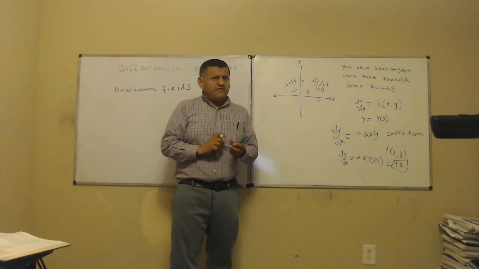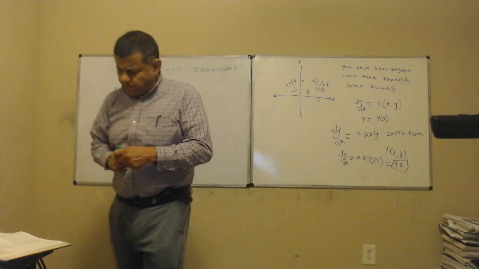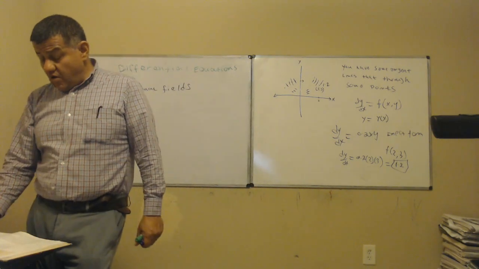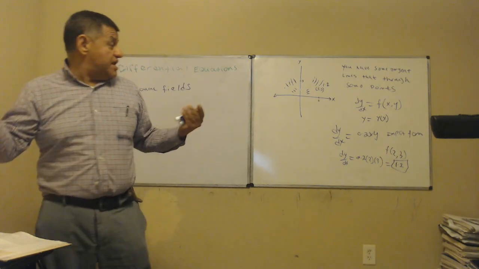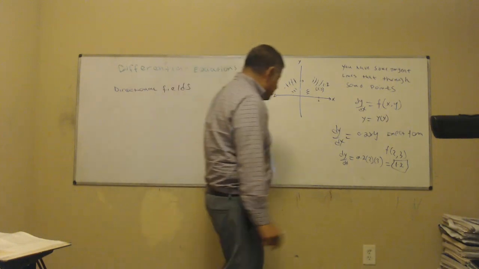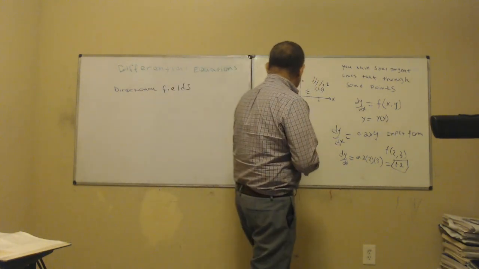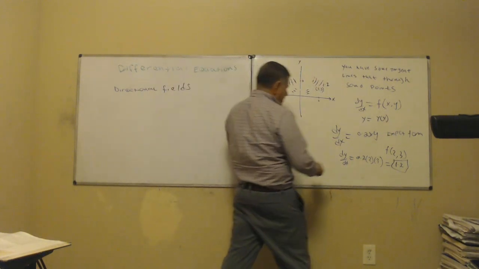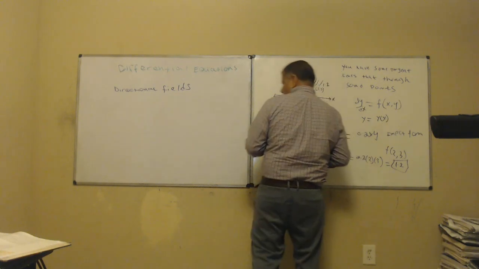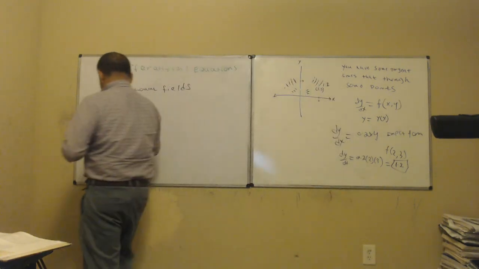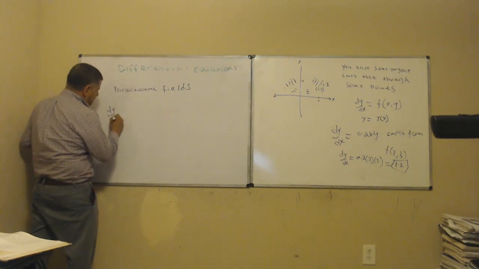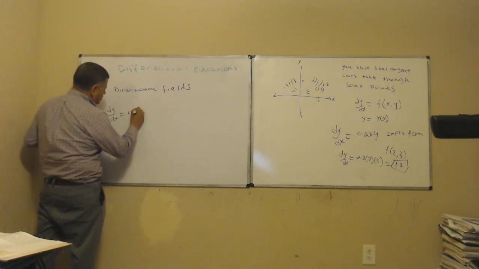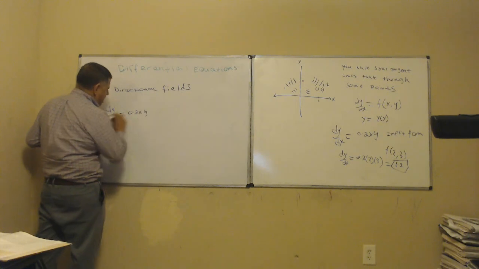Now that we have an idea how this will look, let's try to solve that differential equation. We say that dy over dx is equal to 0.2xy.